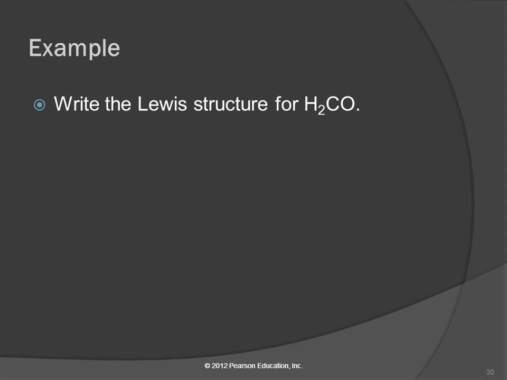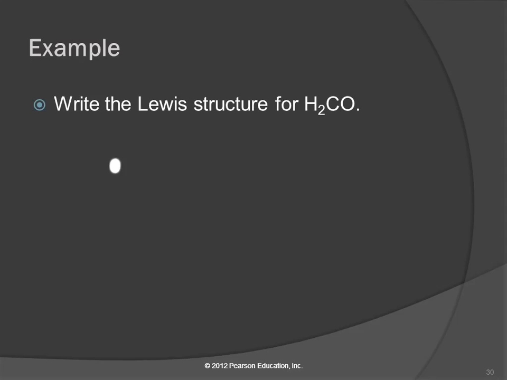Let's do a couple more examples. Write the Lewis structure for H2CO. First step is to figure out how these atoms are connected. We have a couple of options here.